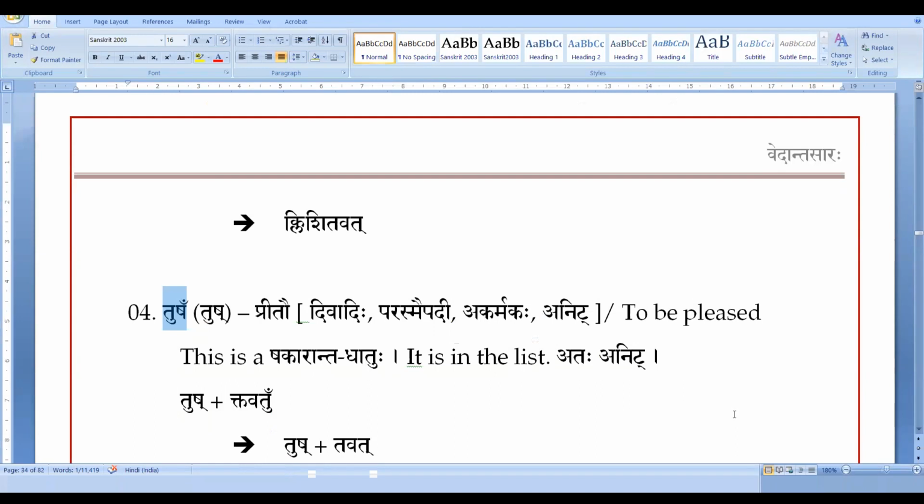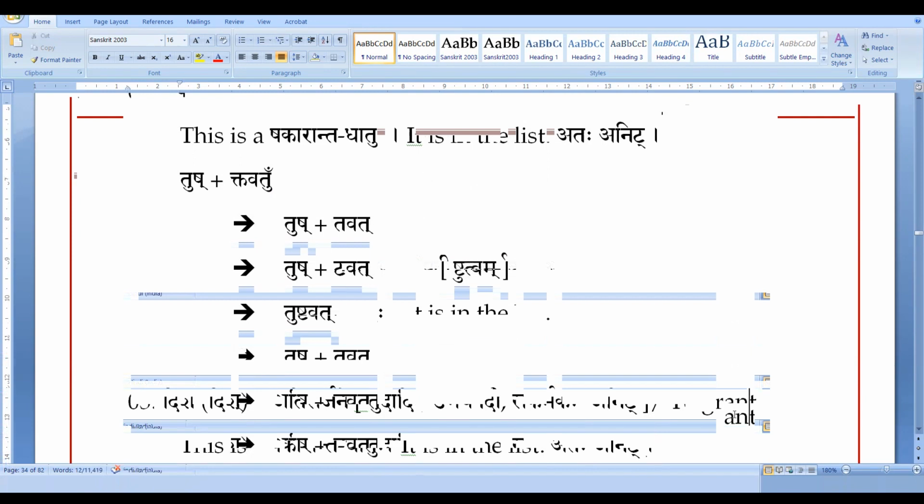Because of toshayati, santosha, that is causative, causing someone to be happy and glad. Santoshayati: Tush becomes Tush plus Nich, Tush becomes toshi, toshe, toshaya, toshayati. Understand? So this is a Shakaranta dhatu, it is in the list, therefore it is Anit. Therefore, what will happen? Tushtavat.